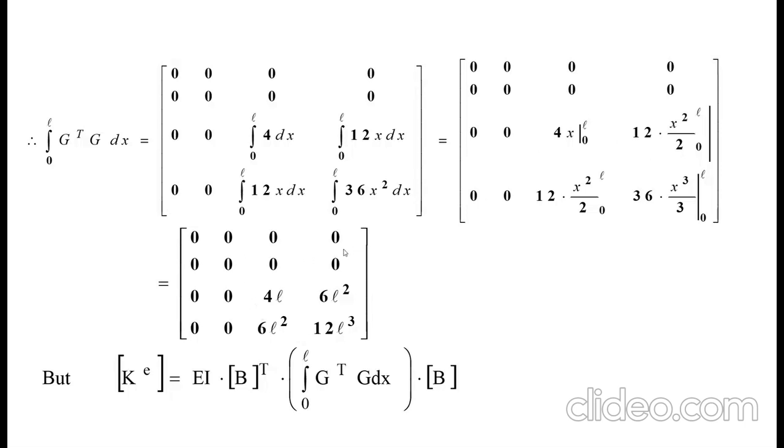Applying the limit L to 4x: 4L minus 4 into 0, so 4L.